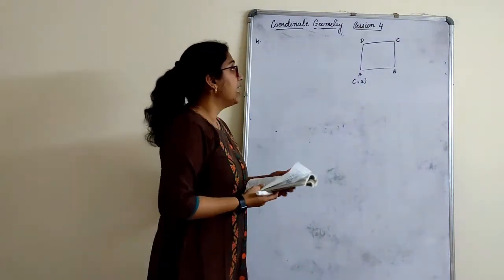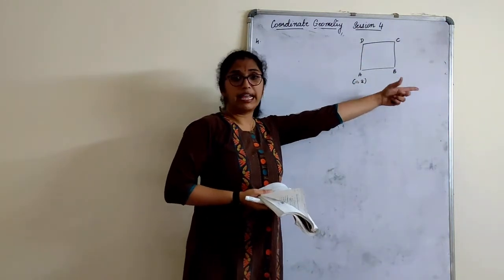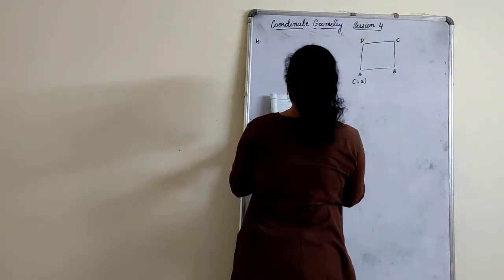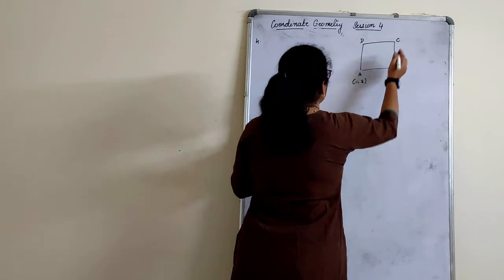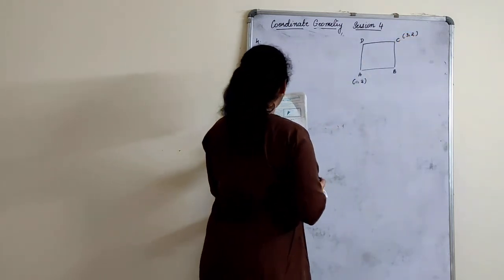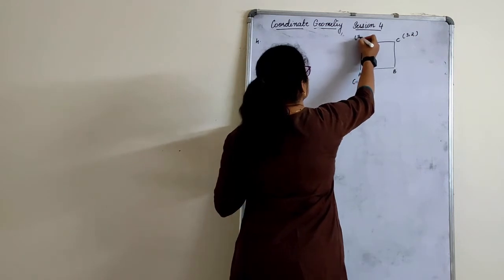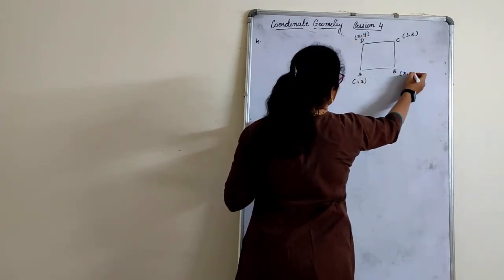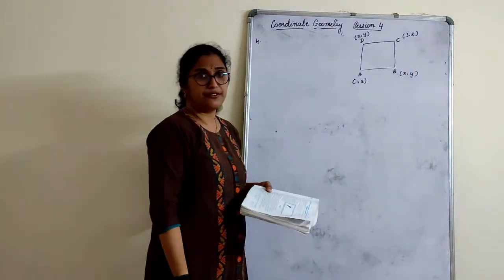Why only A? I can also start from D. Any two opposite vertices. I always want to start from the beginning part. Minus 1, 2 and 3, 2. Find the coordinates of the other two vertices, x and y.